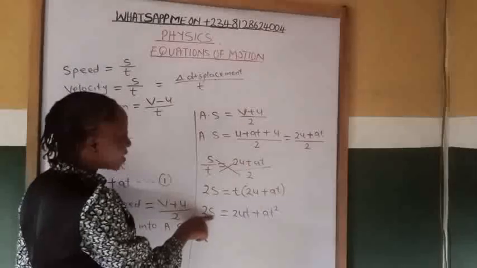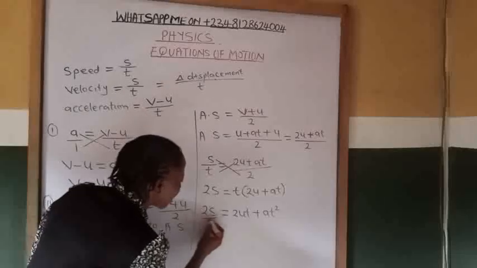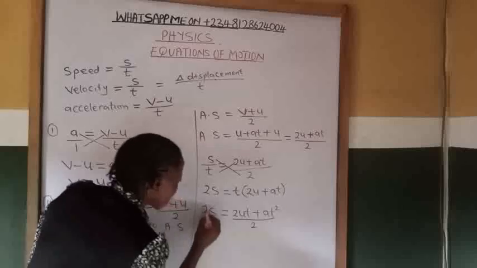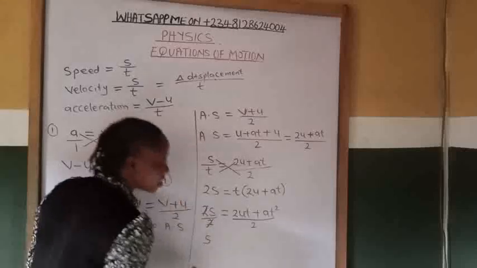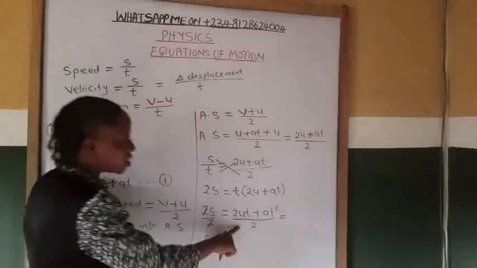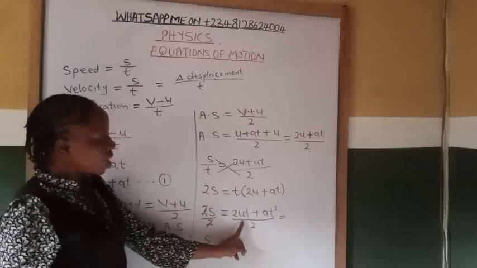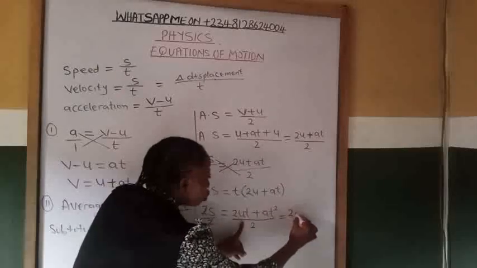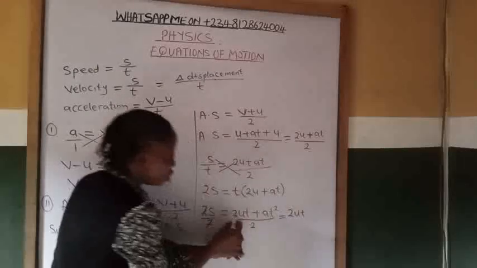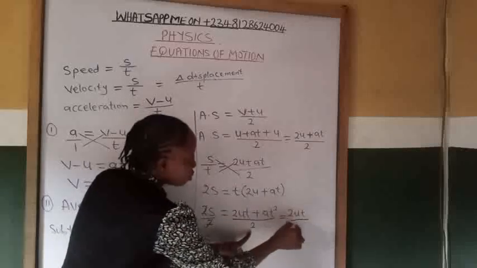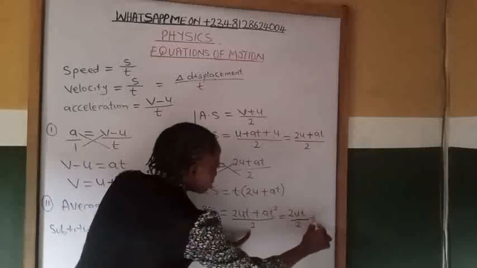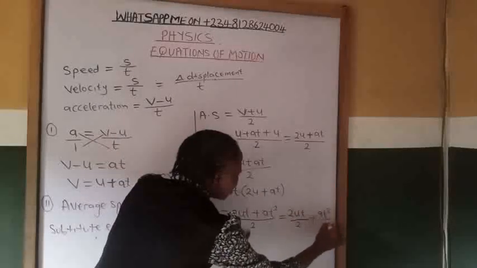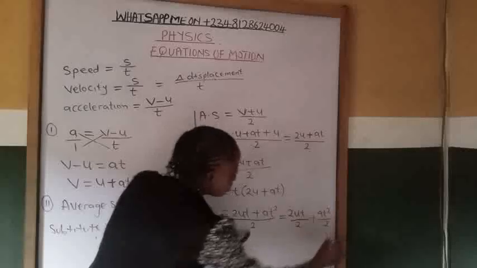Now, I'm looking for s, so I will divide both sides by 2. The 2 cancels 2, and I am left with s. I can also split this fraction into 2: 2ut divided by 2 plus at square divided by 2.